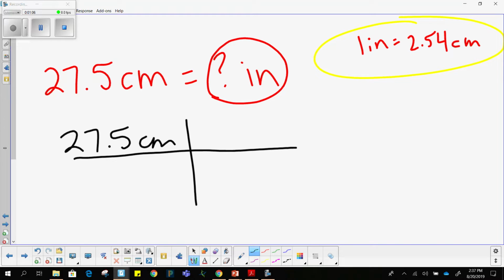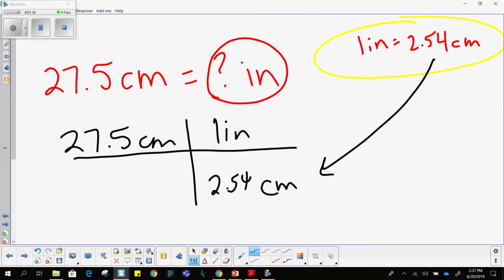So for example, since we're starting in centimeters, we want our centimeter part of this equivalent statement to go on the bottom. So we're putting the 2.54 centimeters on the bottom and the 1 inch is on the top. Because we have a centimeter in the top and bottom, it cancels out. The unit we're left with is inches.